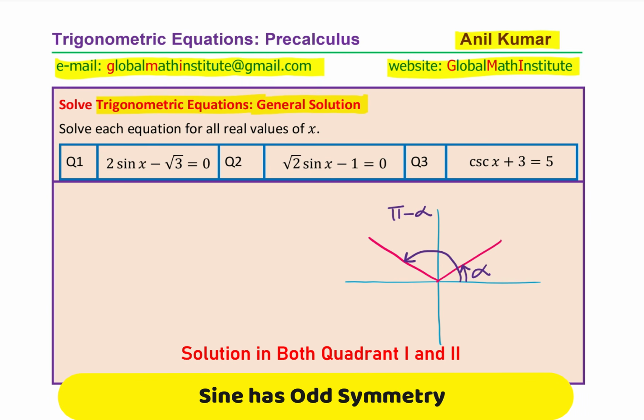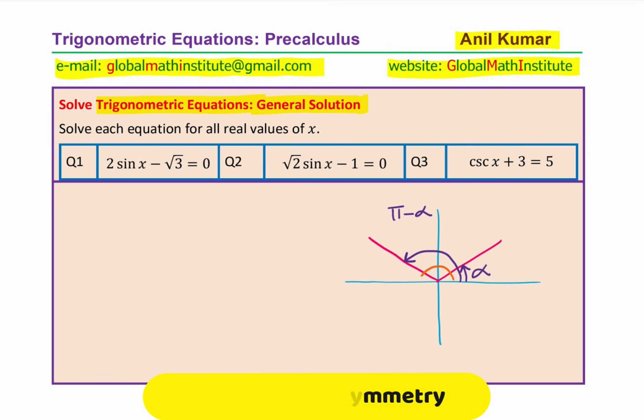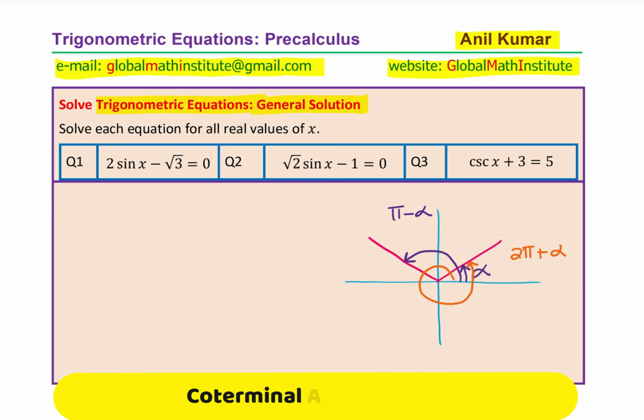Now, important thing here is that when we talk about general solution, we also see that the same angle could also be written as a coterminal angle like this, correct? So it becomes now 2 pi plus alpha. You get the idea. But when we come to this side, then it is 3 pi minus alpha.